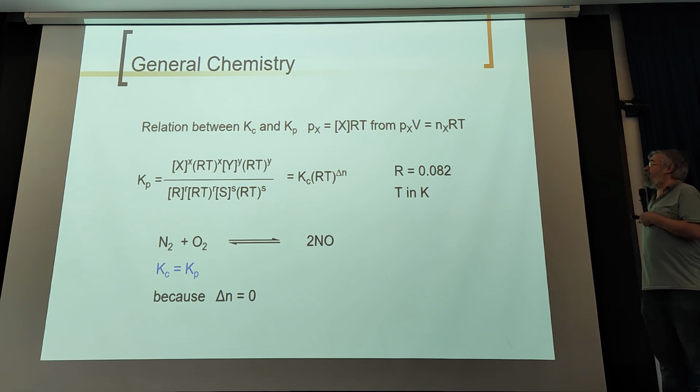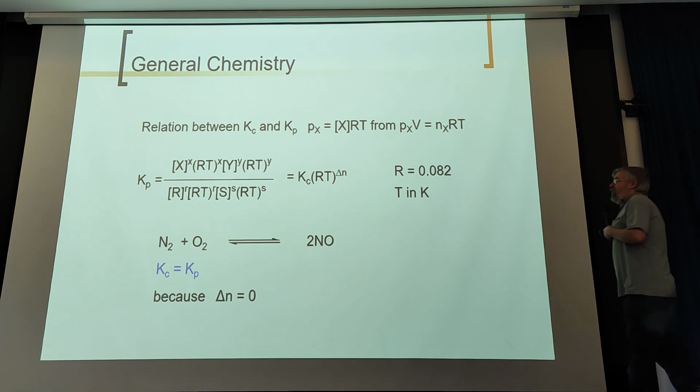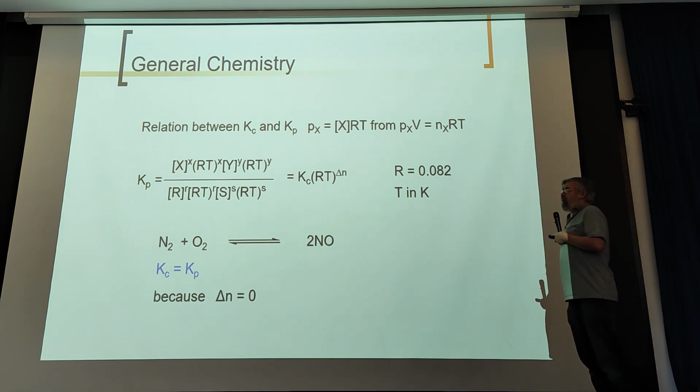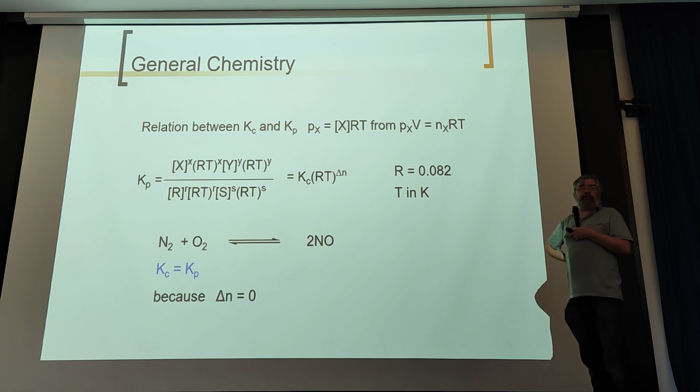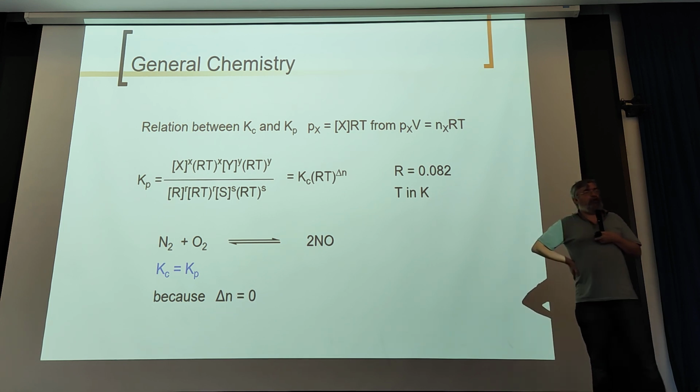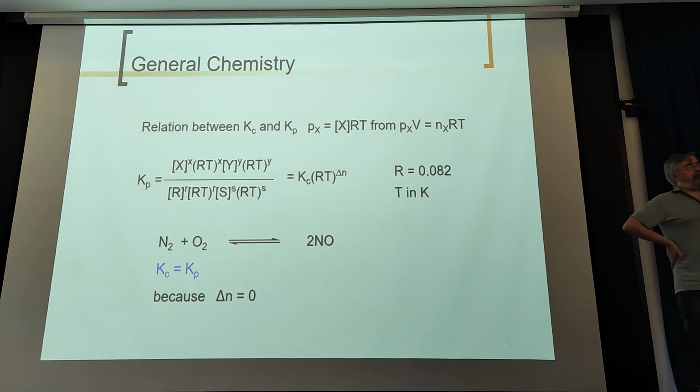So that means P is the concentration multiplied by the factor RT. And that means actually Kp is the concentration equilibrium constant multiplied by RT to the power delta n. Delta n, the amount of extra moles that is formed.